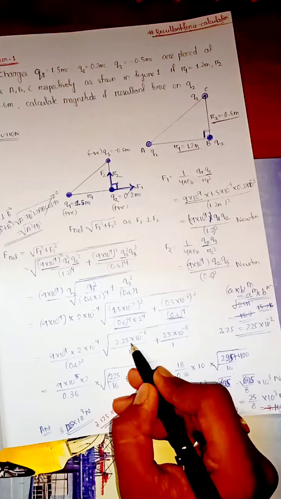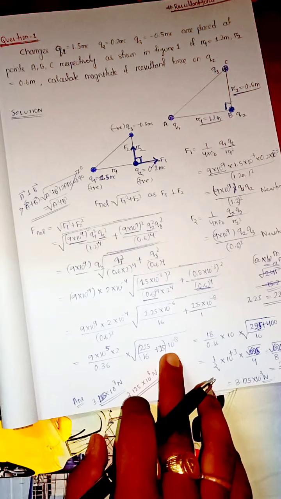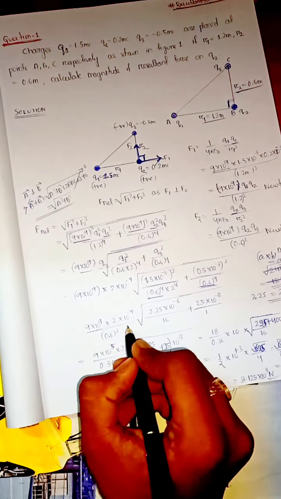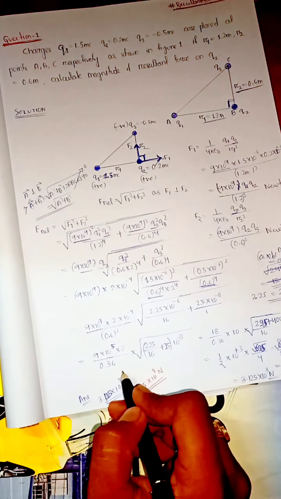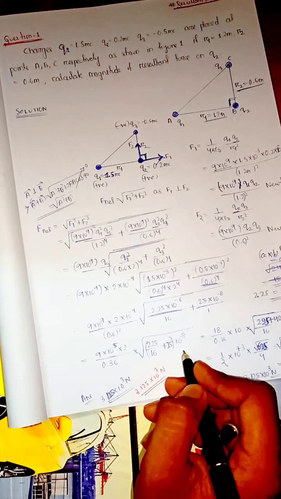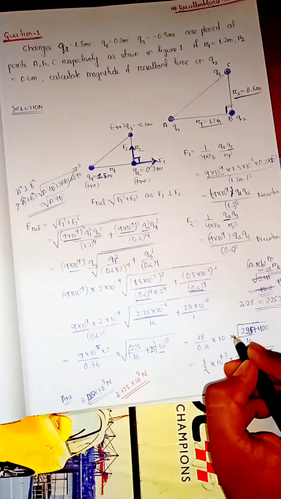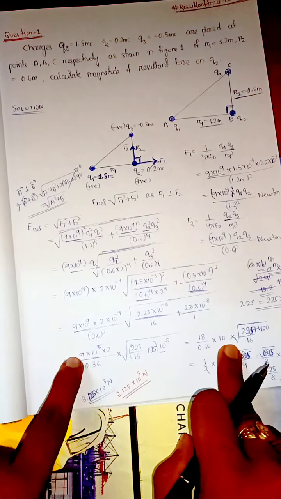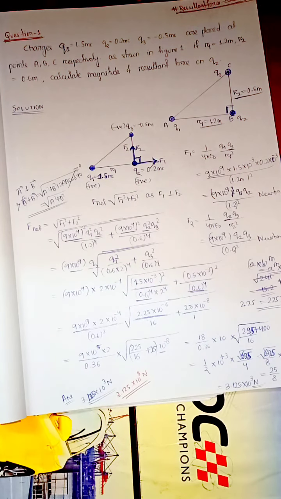So 10 power minus 6 will be written like this. So this becomes 10 power minus 8 comes here, and we are also solving this, 10 power minus 4, 10 power 5, 9 into 2 by 0.6 square, that is 0.36. Now on this side, 225 by 16 plus 225 into 10 power minus 8 is common, so you can take it outside. The power will become 10 power minus 4, and 10 power plus 5, that will be 10, and this is 9 into 2, 18, and 0.36 in the denominator.